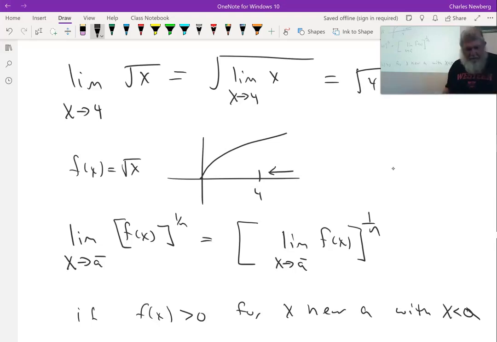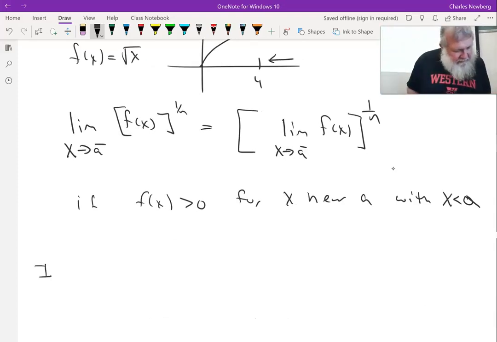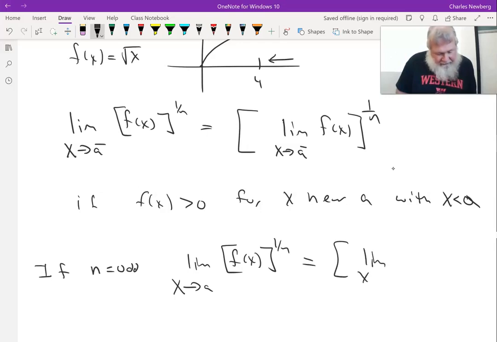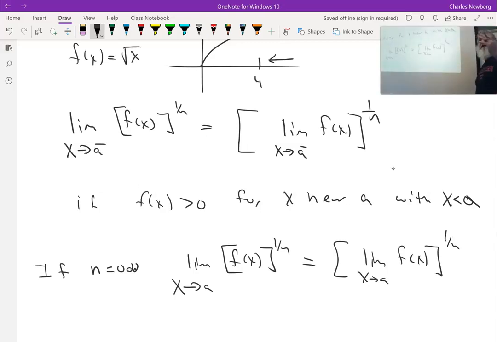If n is odd, the limit as x approaches a of f of x to the 1 over n is simply the limit as x approaches a of f of x, to the 1 over n. We can do the odd roots of negatives, we can do the odd roots of positives and 0, so the odds are no problems.